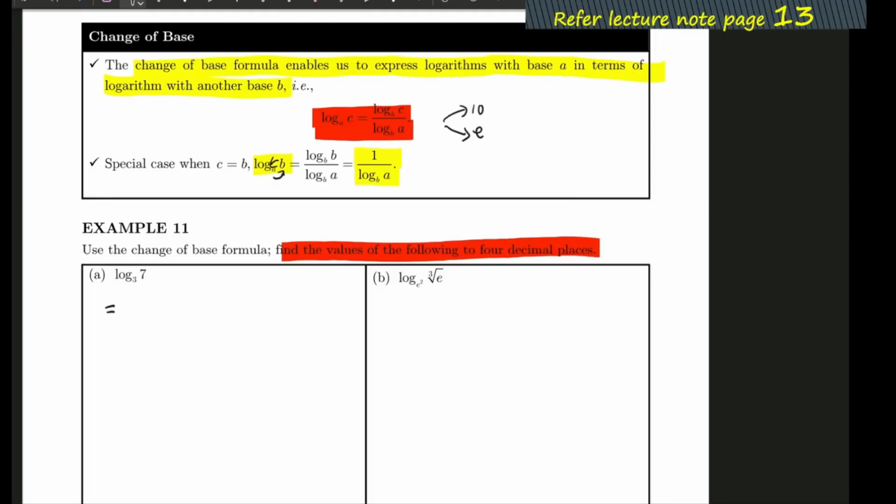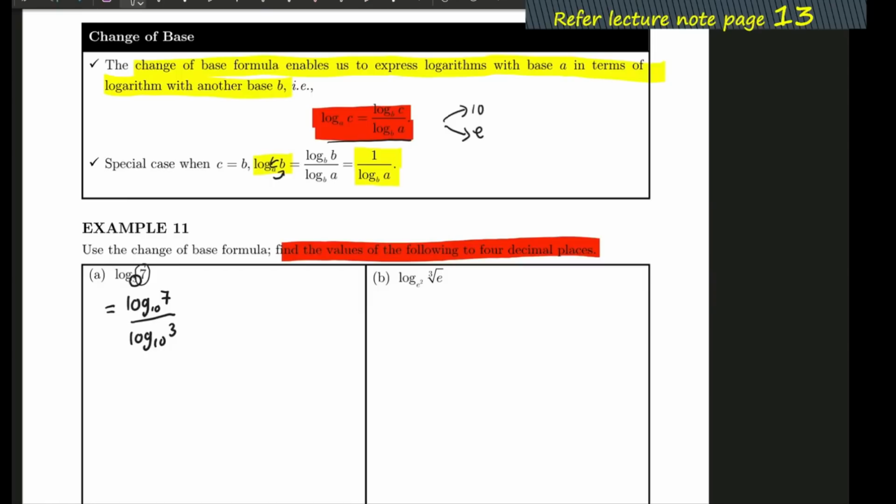Using this property, it will become log 7 base 10 over log 3 base 10. The one below will go to the denominator, below the fraction, and the one at the top will go to the numerator.